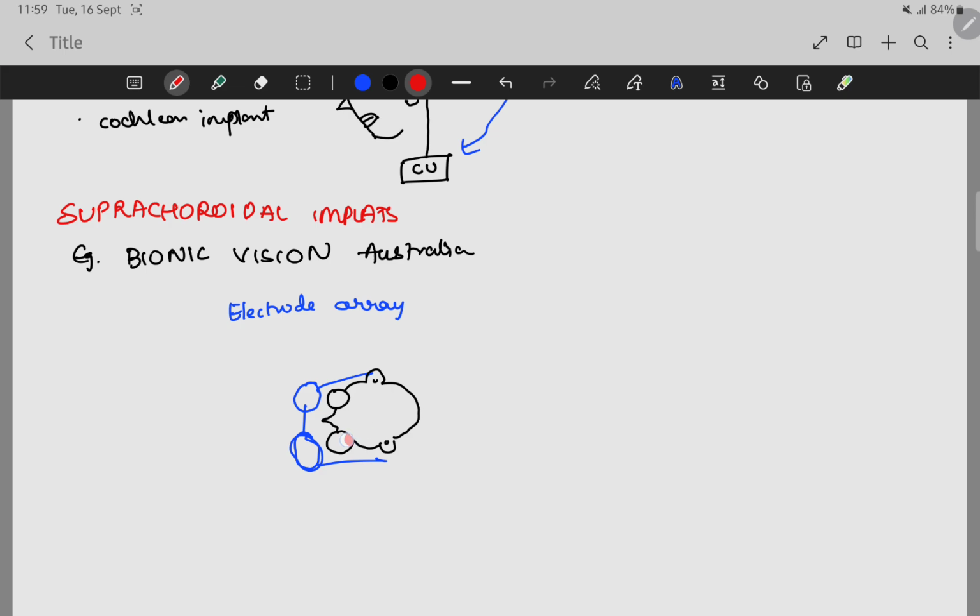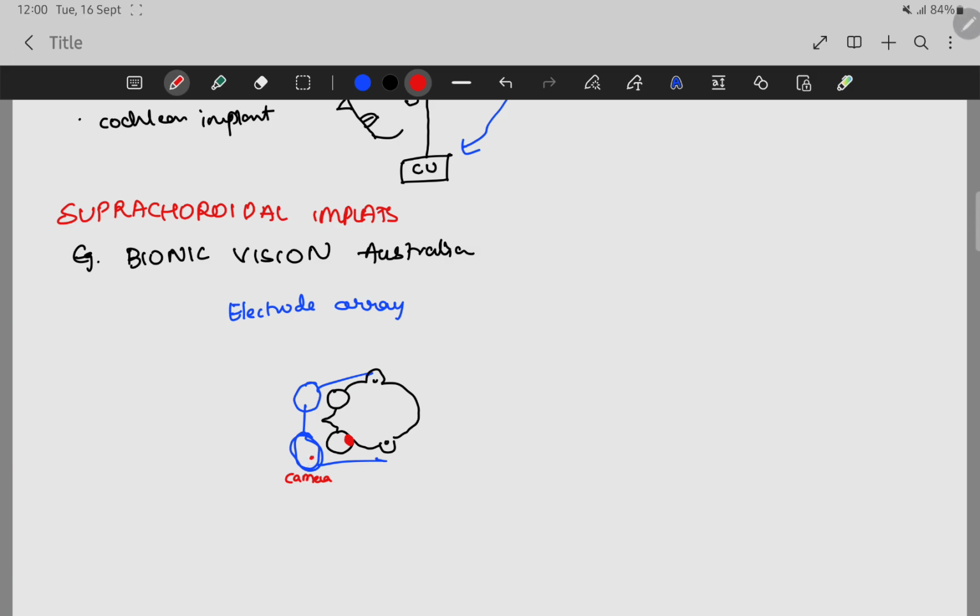This electrode array is placed in the eye, and there is a camera. This camera captures the image and transmits the data to a body-worn processing unit.